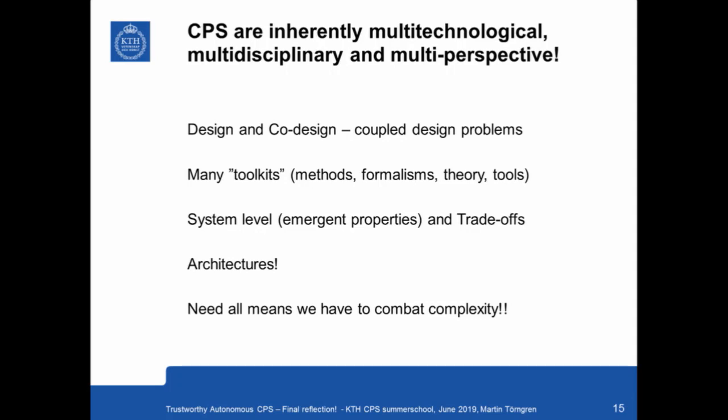We have seen many toolkits here. We have talked about emergence, and many of the properties we talked about, such as safety, are system level properties. In the system safety sense, we cannot really say if a piece of software is safe, because that depends on how we use it in a particular context.